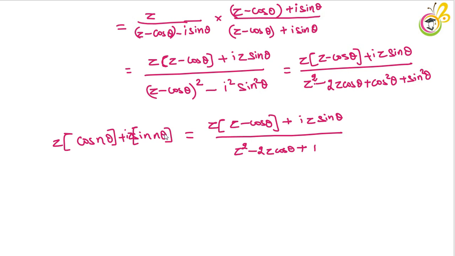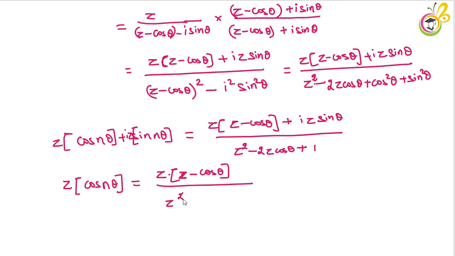So when you are equating real and imaginary parts on both sides, we will get Z of cos n theta equal to z into z minus cos theta, the whole term divided by z square minus 2z cos theta plus 1.